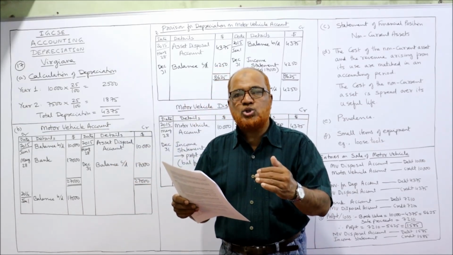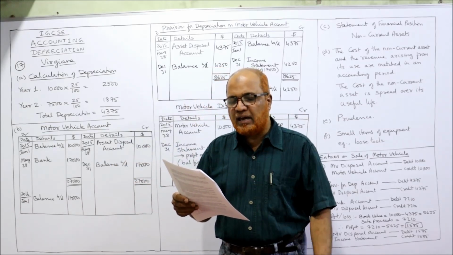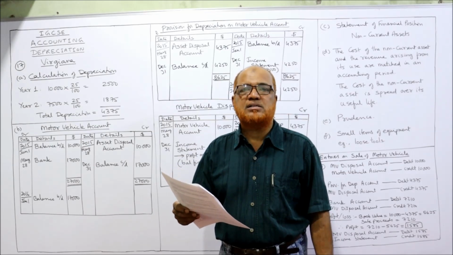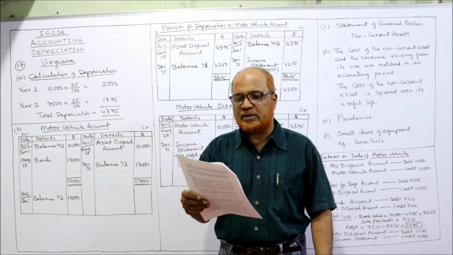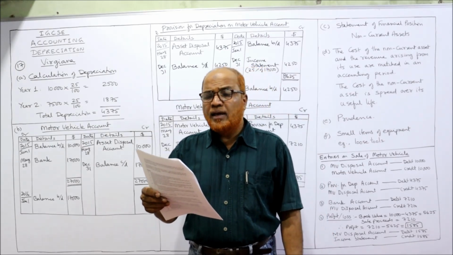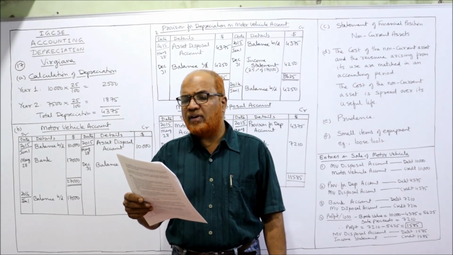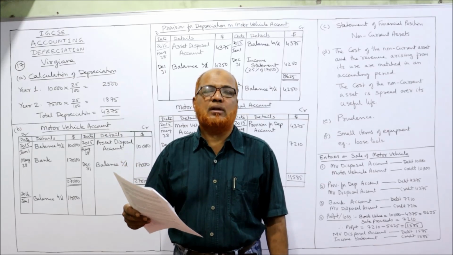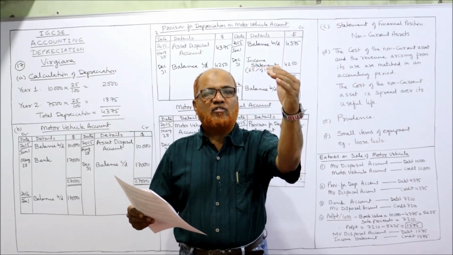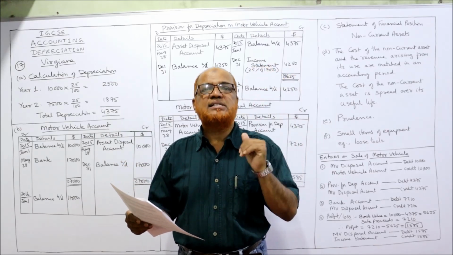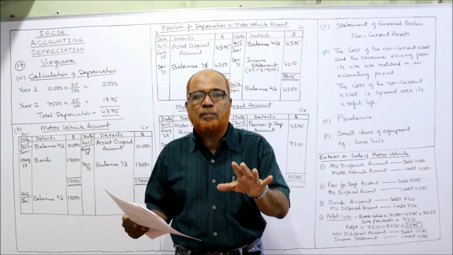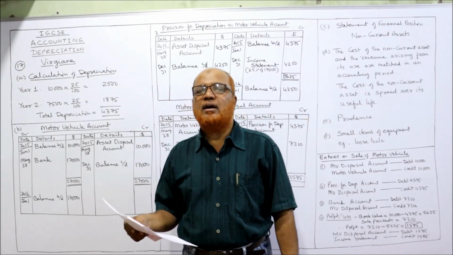Required: now, one by one we have to attempt questions A, B, C, D, E, F. So 6 questions are asked. One by one we will attempt them. First, calculate the depreciation which had been provided on the motor vehicle at the date of disposal. That means from the date of purchase to the date of sale, how much is the total depreciation provided on the motor vehicle?